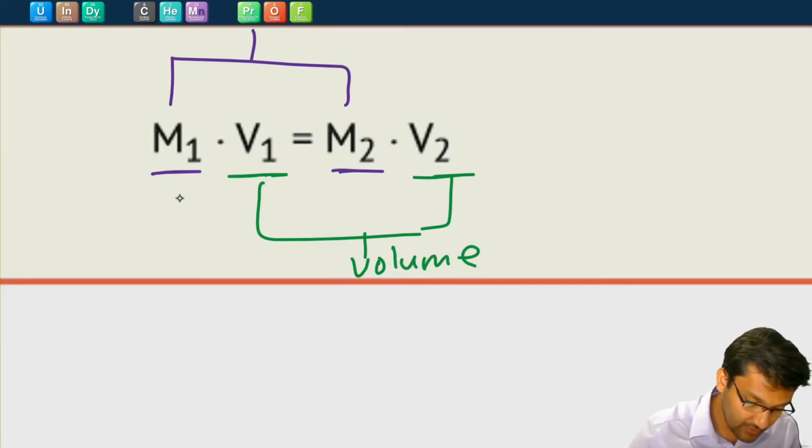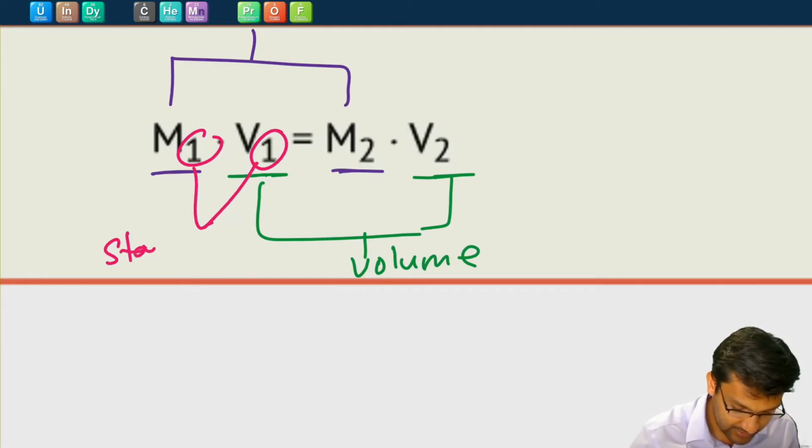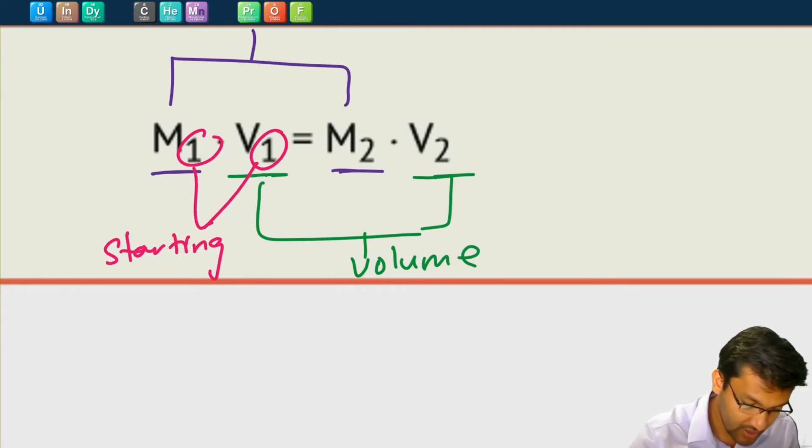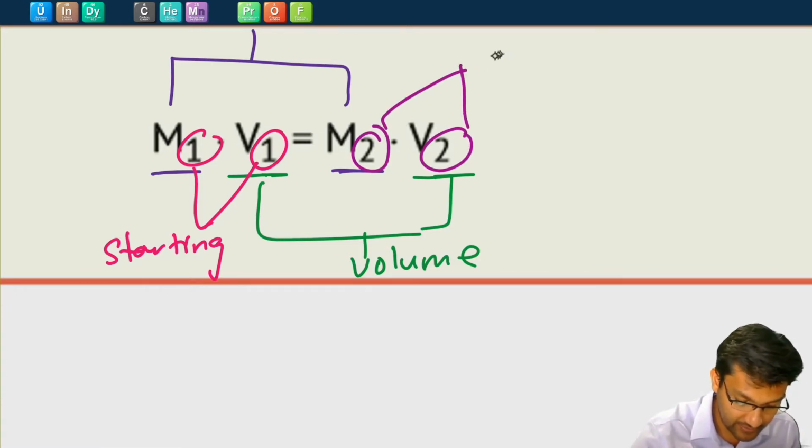In these cases, the subscript 1 represents your starting case or initial condition, while the subscript 2 represents your final or ending case.